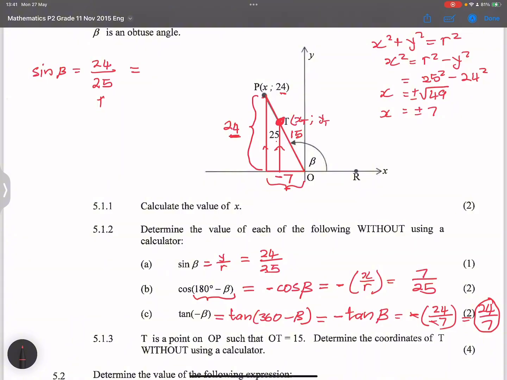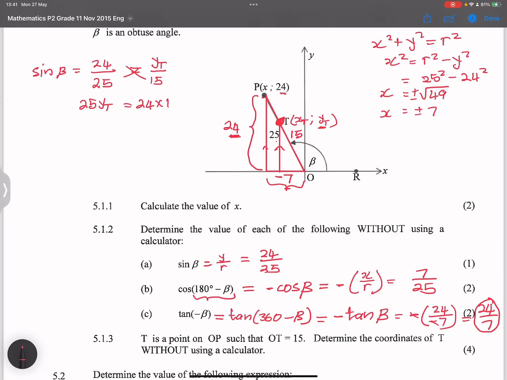It'll also be the same ratio, which is YT over RT, which we have as 15. So this would be YT over 15. And all we can do, ladies and gents, is just simply to cross multiply. So YT times 25, that's 25 YT, and this is 24 times 15.